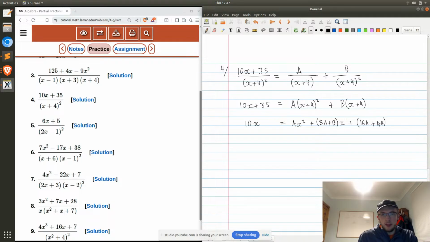And that will have to equal this. So I mean, I have to be doing it wrong. I just have to not be seeing it correctly.